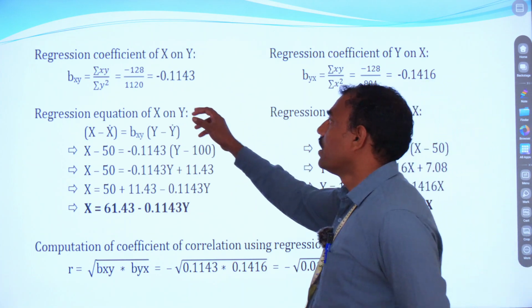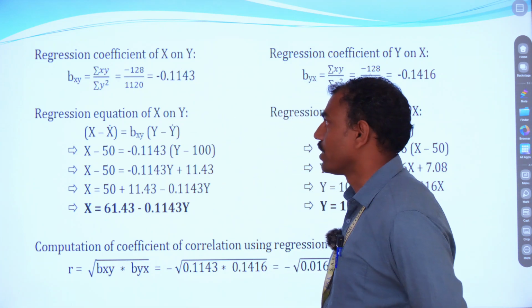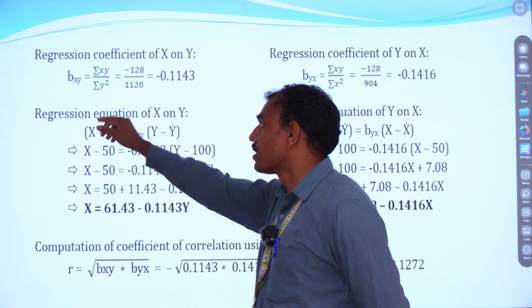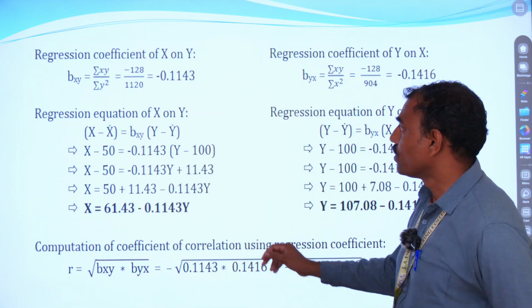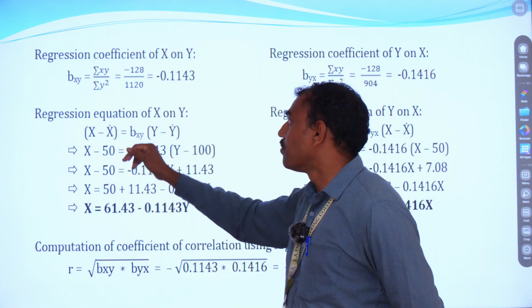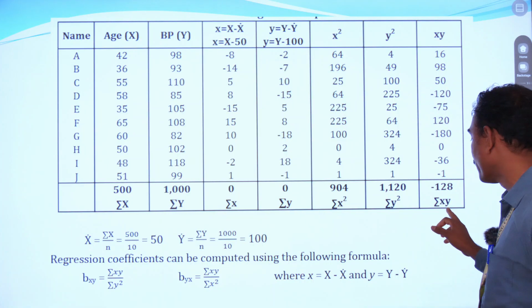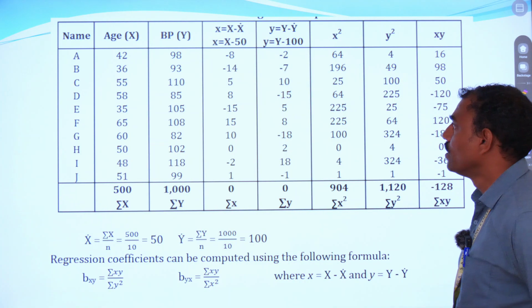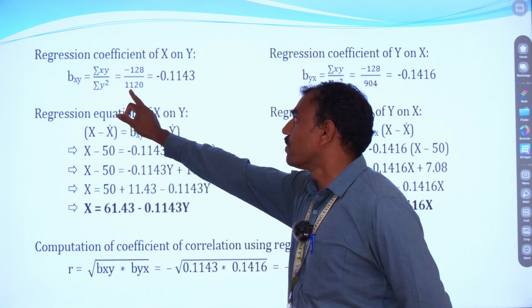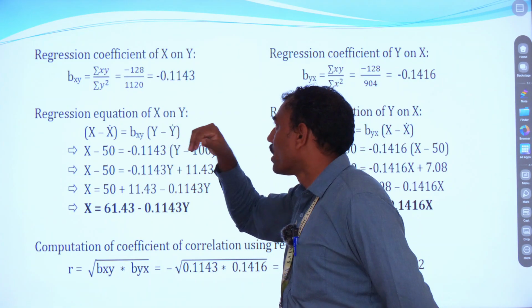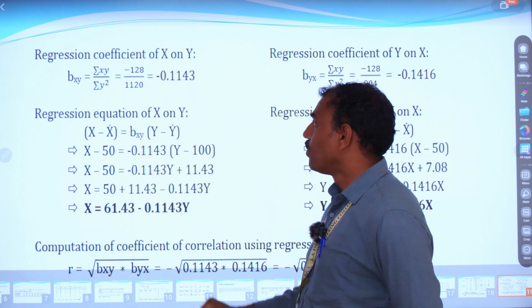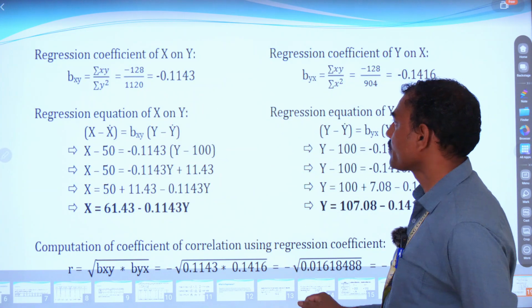First find the regression coefficient of x on y. So bxy equals summation of xy divided by summation of y squared. Summation of xy equals minus 128, divided by summation of y squared equals 1120, which gives minus 0.1143.